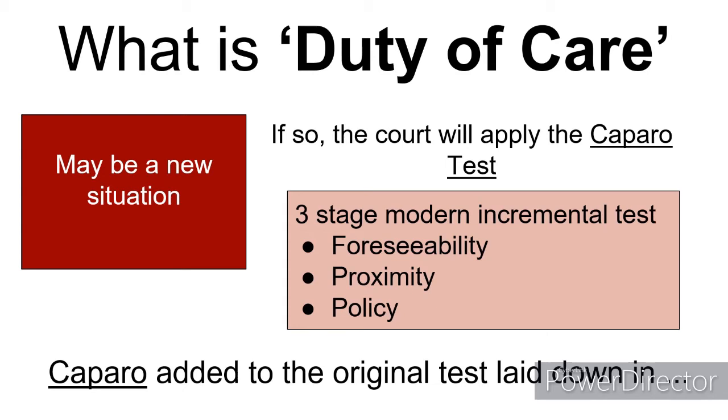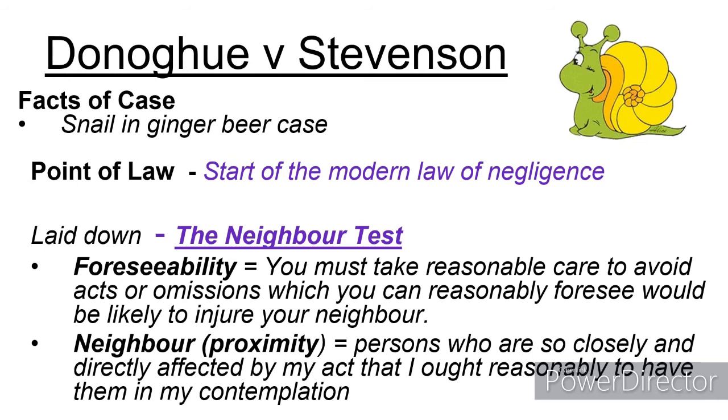However, the Caparo Test was originally laid down, or rather it came out of the very, very famous case that you've already studied, Donoghue versus Stevenson, the snail in the ginger beer case. And this case, as you probably already know, was the start of the modern law of negligence. And in the Donoghue versus Stevenson case, it laid down what became known as the neighbour test.